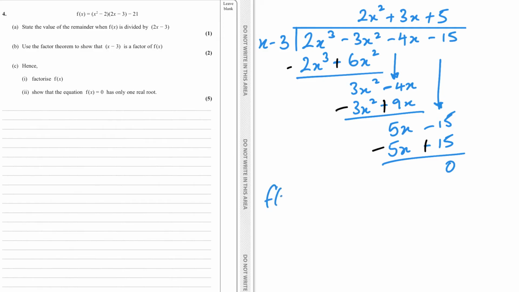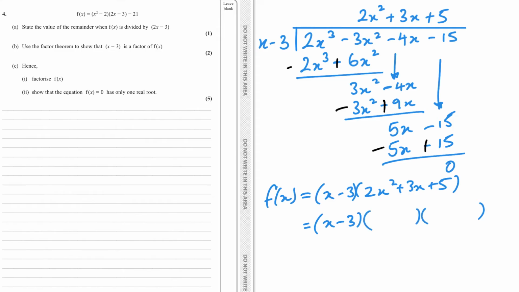This means that my f of x is equal to x minus 3 multiplied by 2x squared plus 3x plus 5. It wants me to fully factorize, so x minus 3 means I'm probably going to have a 2x in here and an x.